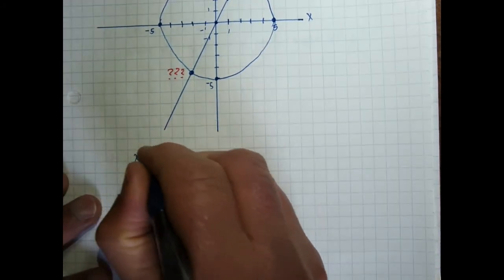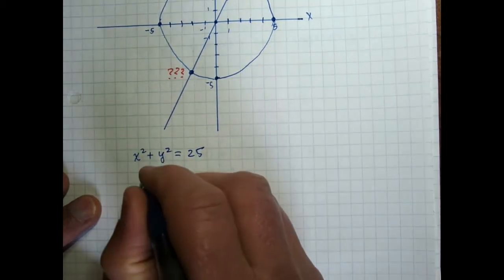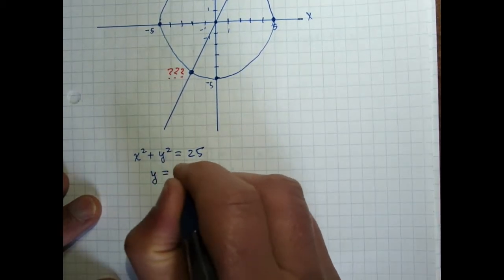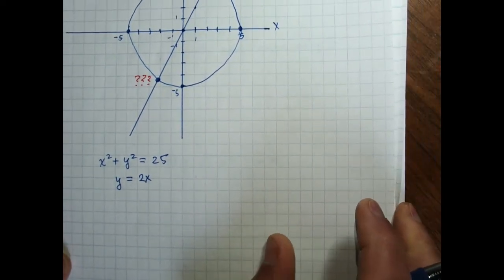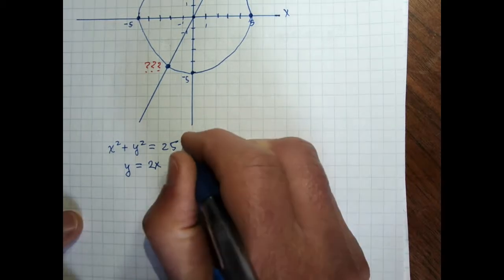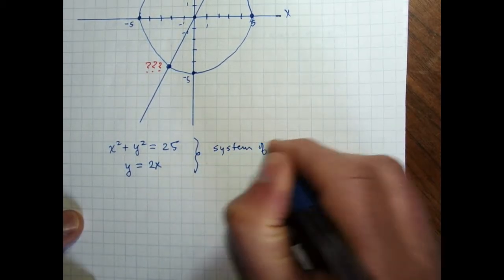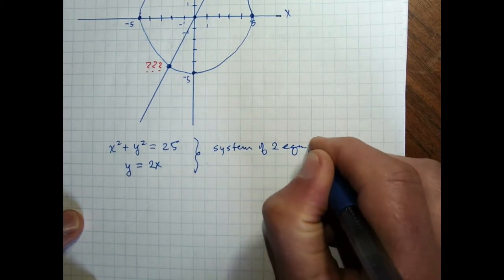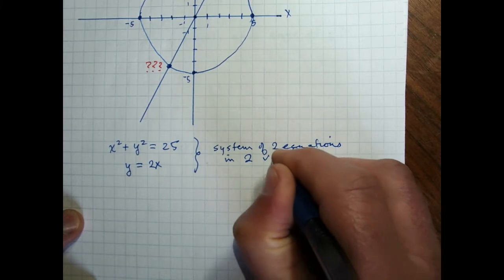Let me recopy the equations. x squared plus y squared equals 25, and y equals 2x. To find the coordinates of those points of intersection, we're going to think of this as a system of 2 equations in 2 variables.